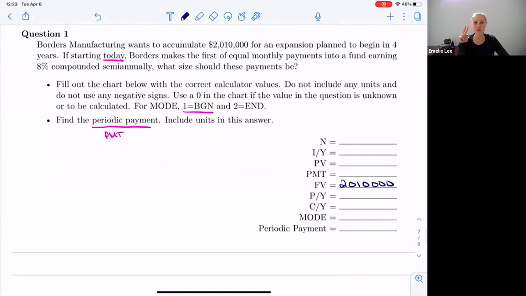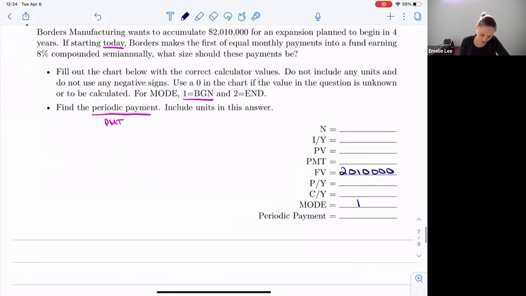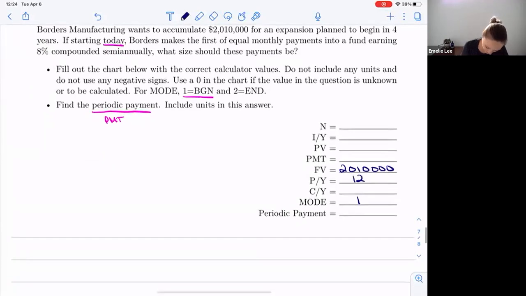2,010,000. No commas, no units, no dollar sign, no negatives, nothing. Hopefully I got all the zeros. 1, 2, 3. Okay, looks good. Okay, let's change that mode. Mode is now 1, for the beginning. And we're going to make monthly payments, so the payments per year is 12, into a fund earning 8% compounded semi-annually.